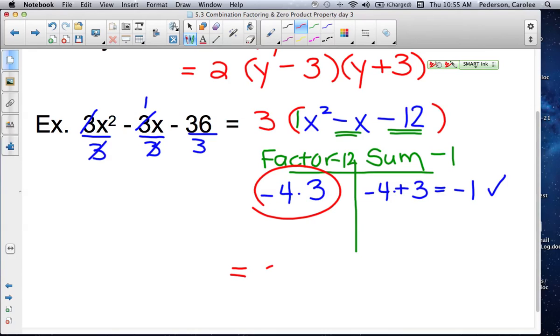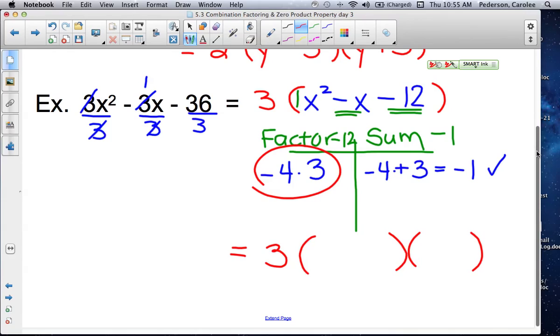So we still have the 3 in front. We can't forget that. So now we split up the x squared into x and x. And then our two terms we're working with are negative 4 and positive 3. So what goes in there is negative 4, positive 3.